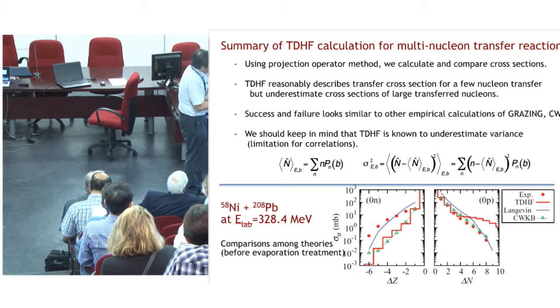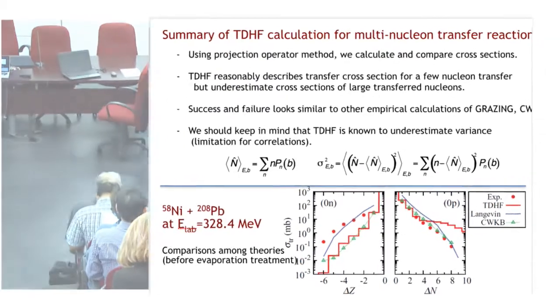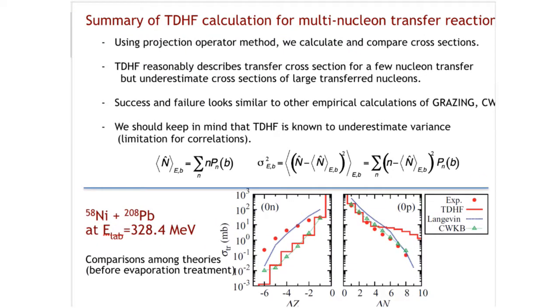The success and failure looks similar to the empirical calculation of GRAZING or CWKB. That is a direct reaction model assuming successive exchange of single nucleons.